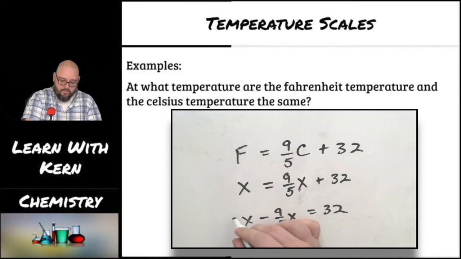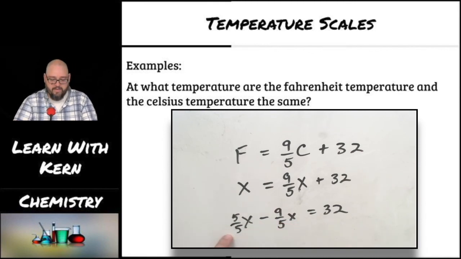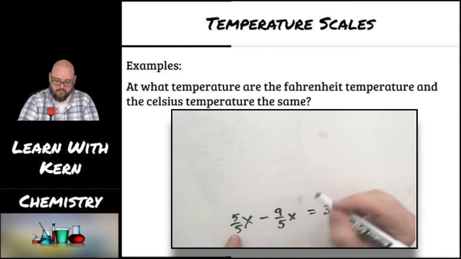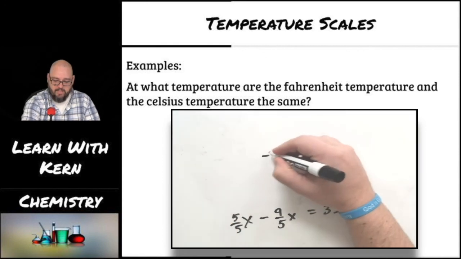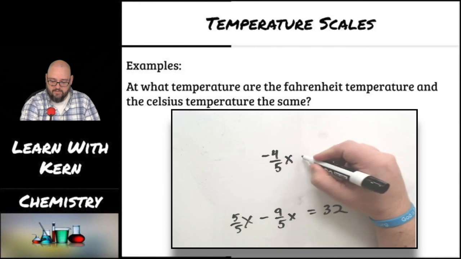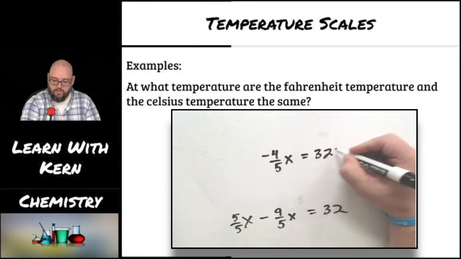Well, this could be written as 5/5 x, that makes the fraction a whole lot easier to work with. So 5 minus 9 is going to be a negative 4/5. x equals 32.